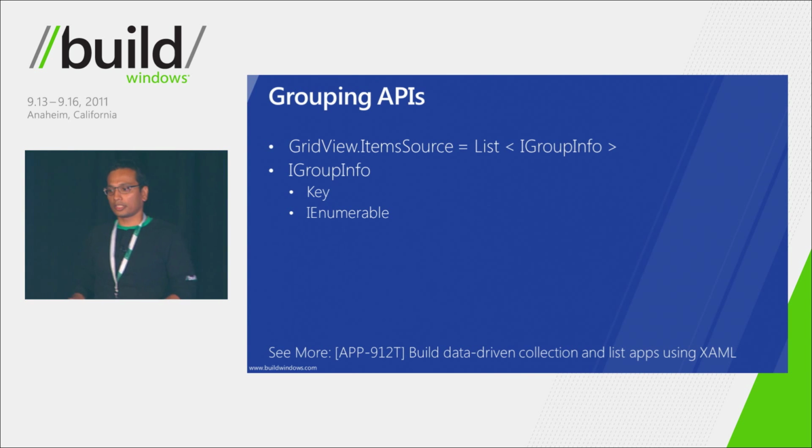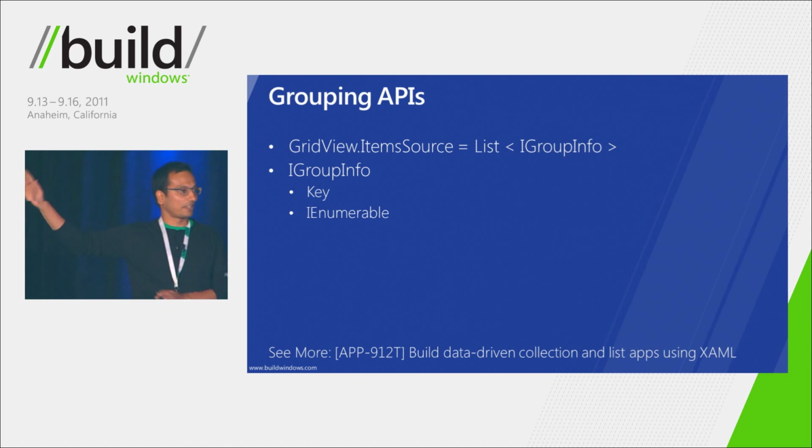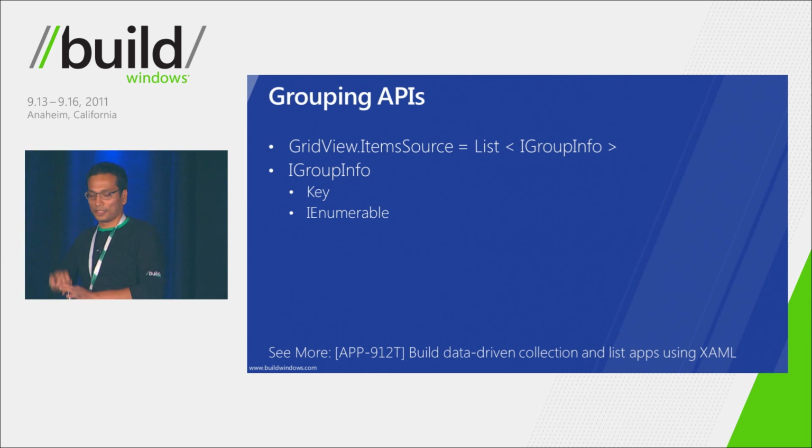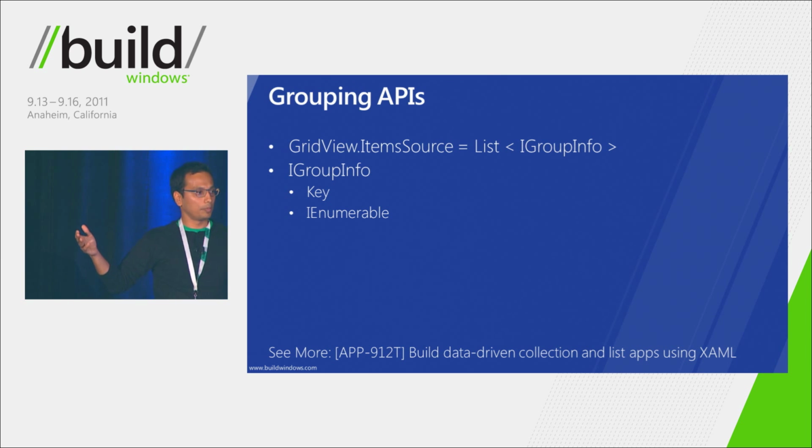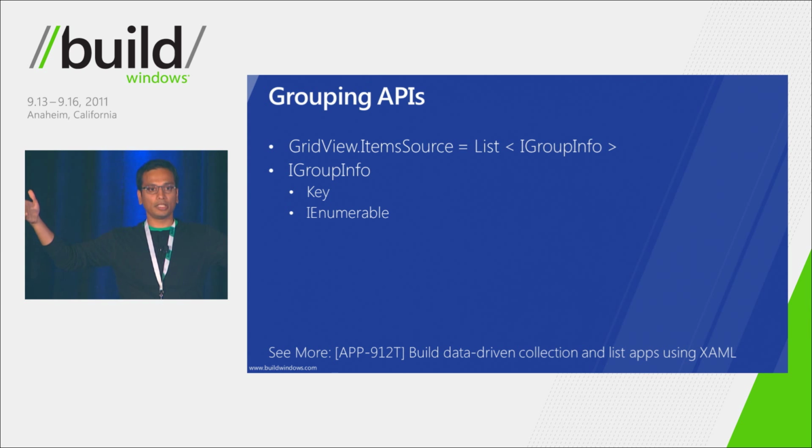So let's go ahead and talk a little bit about the grouping APIs. The first thing here is, I kind of hand waved over the data side of grouping, and I'm going to talk a little bit more, but still hand wave over it and point you to another session. So conceptually, when we think about grouping, your data source is supposed to be a list of lists. In this case, the higher level list is a list of groups, and it has a name of a group, and it has another list within it which defines the items that belong in that group.